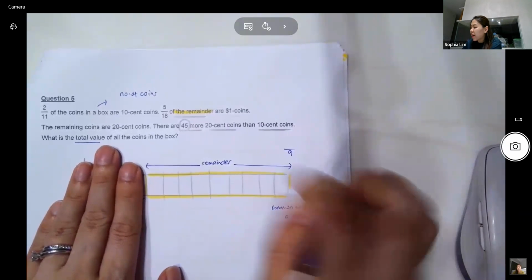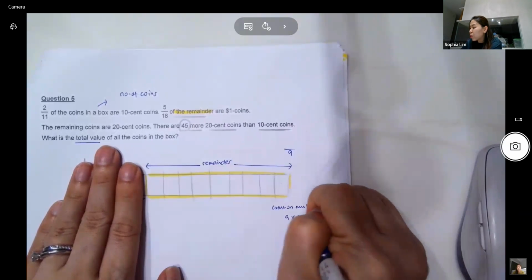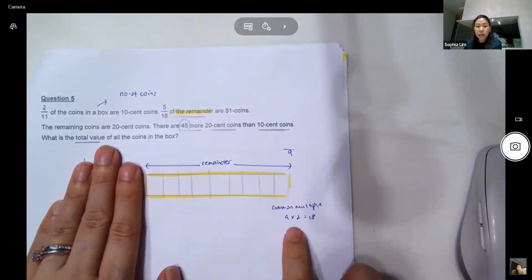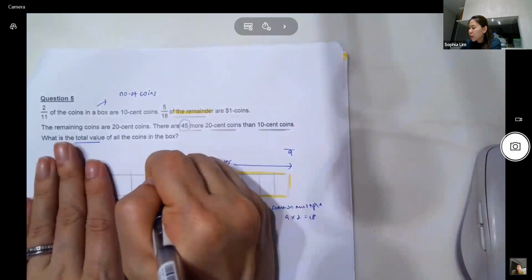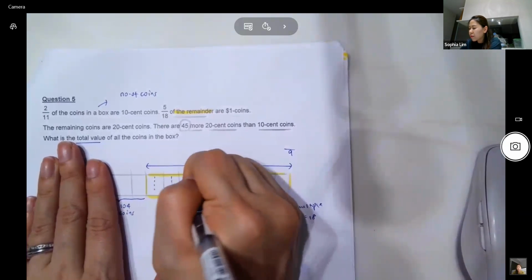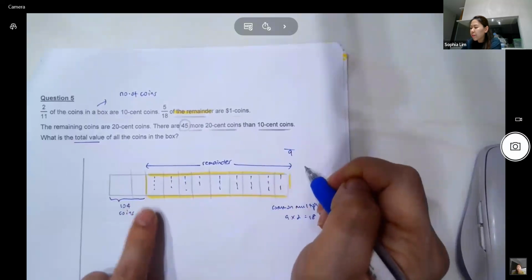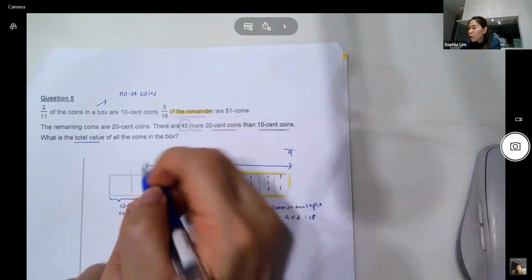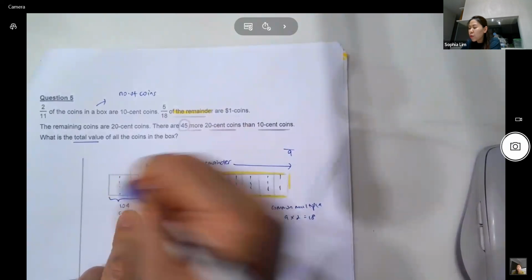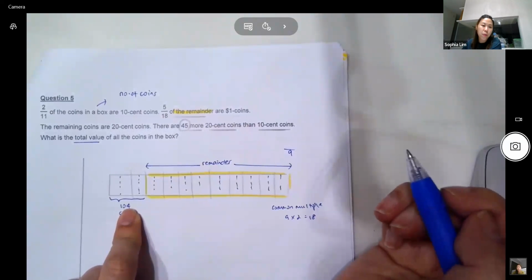Yes, you subdivide every big unit into 2 smaller ones. This is an important step. You write 9 times 2, 18. Then you start to subdivide here. Take note, when we subdivide, this portion here also must subdivide so that the units are of the same size. Then you can compare.